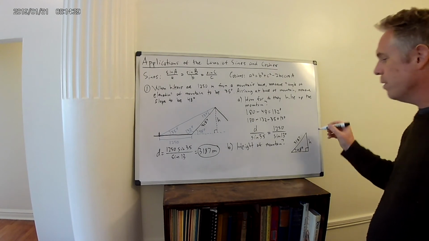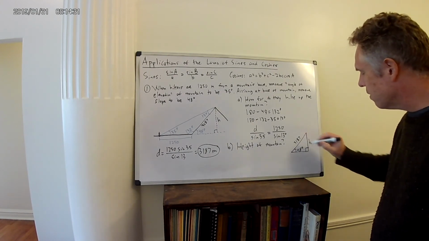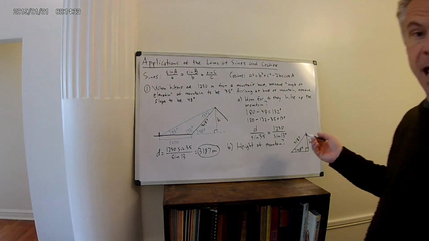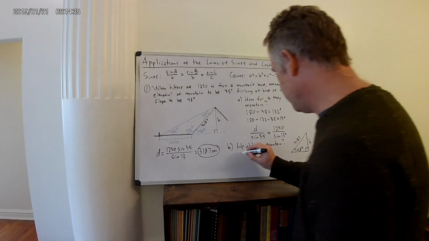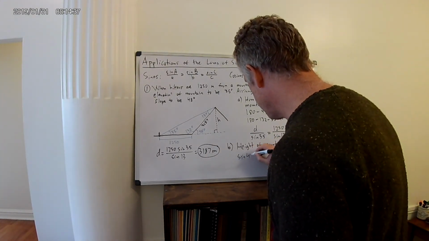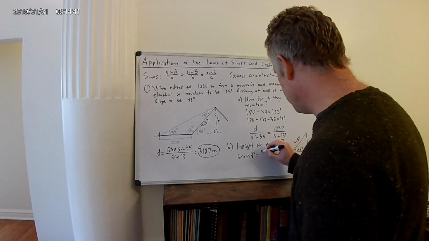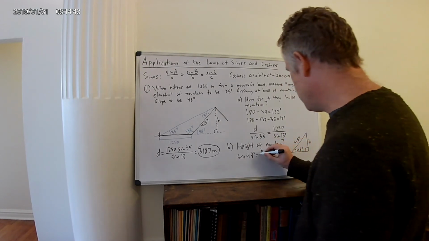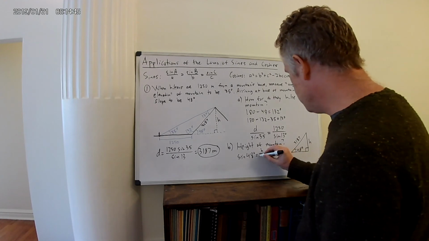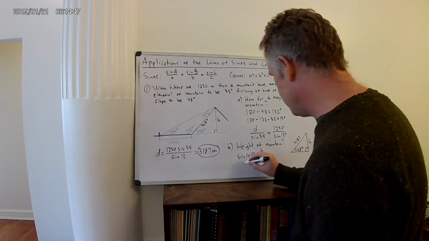We want to figure out H, the height of the mountain. How do we do this? Well, we know how to tackle a right triangle. Basically write sine of 48 degrees equals the opposite side, which is H, divided by the hypotenuse, which is 3187.